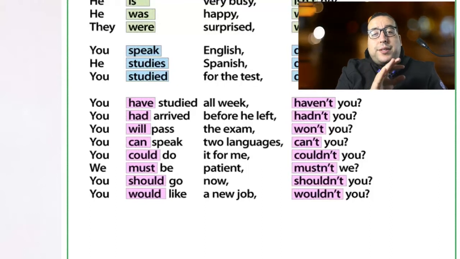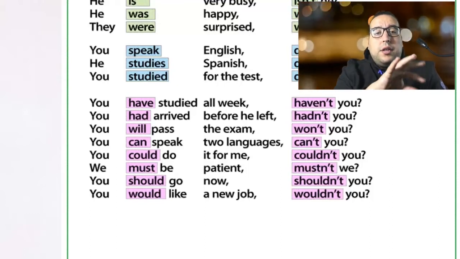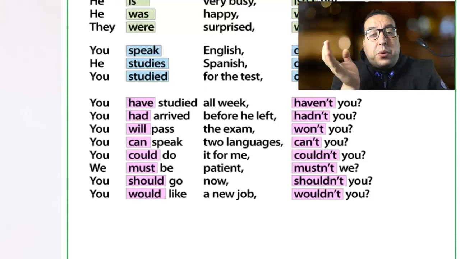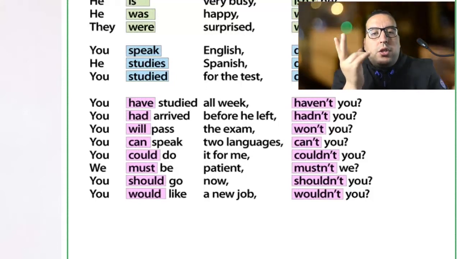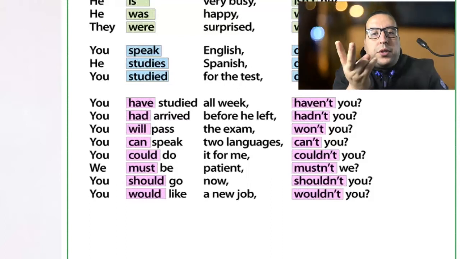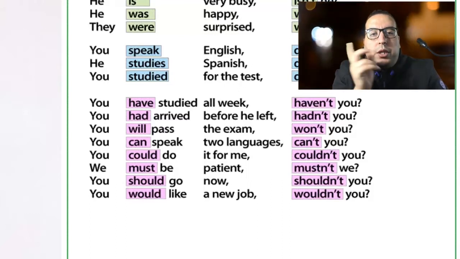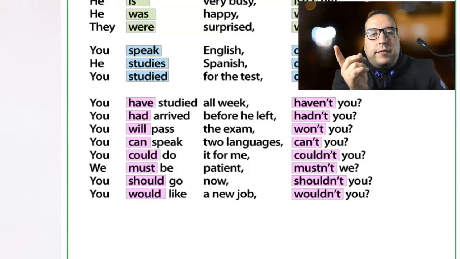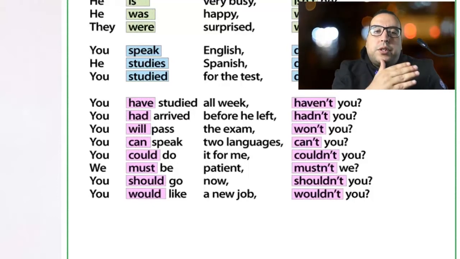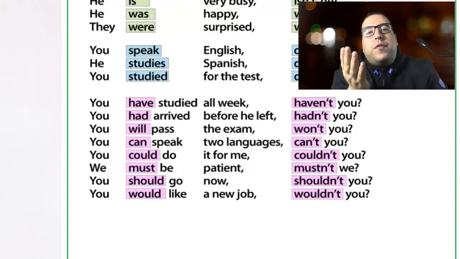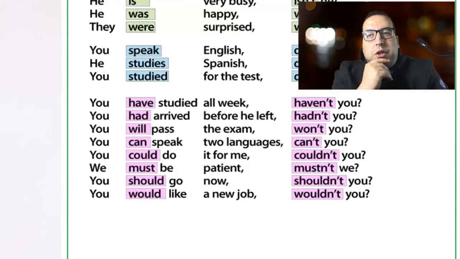This is what happens again when we start with the negative statement and finish with a positive question tag. So it goes the opposite way. If we start with a positive verb, we finish with a negative question tag. But if we start with a negative verb or auxiliary, we finish with a positive question tag.